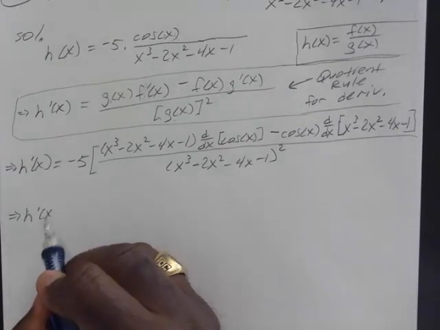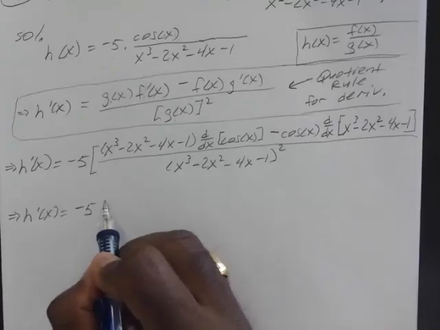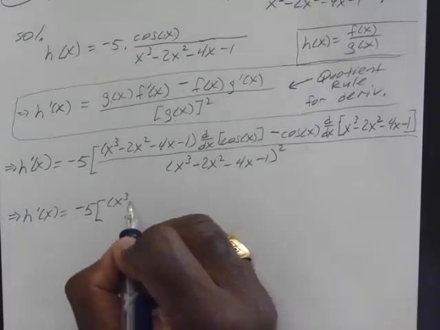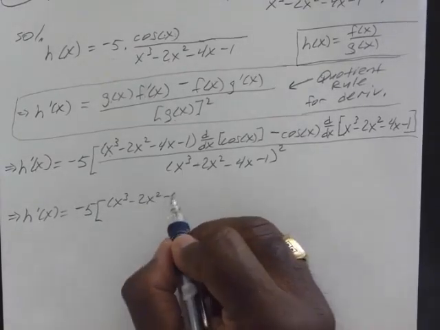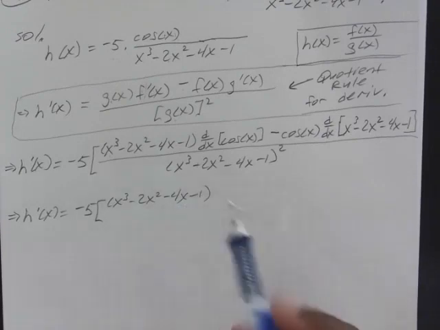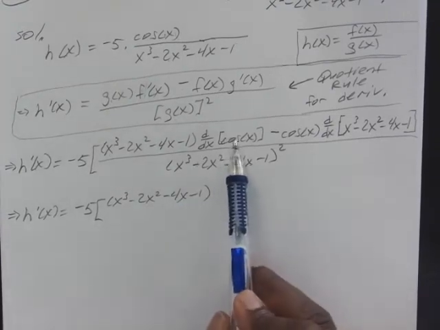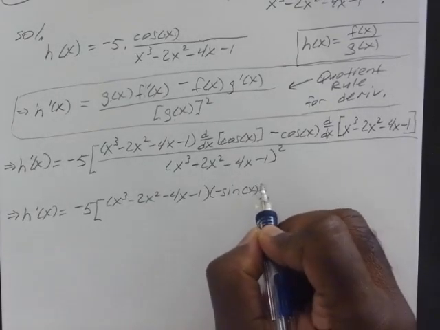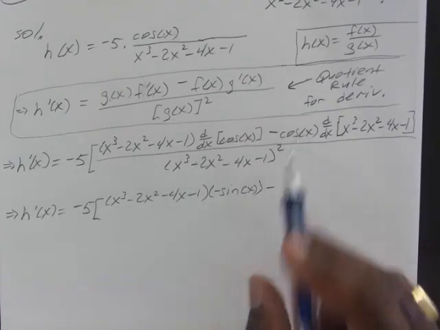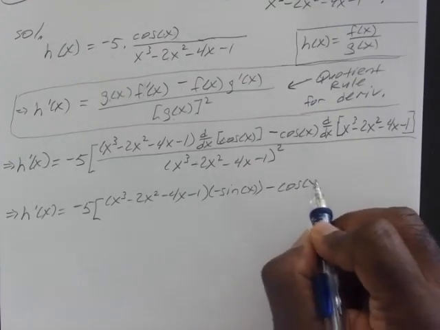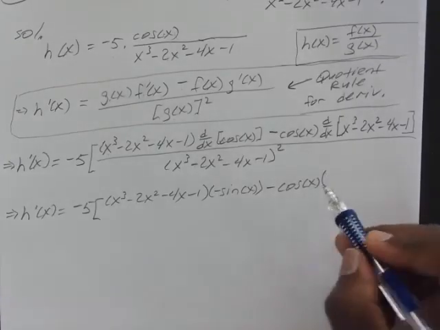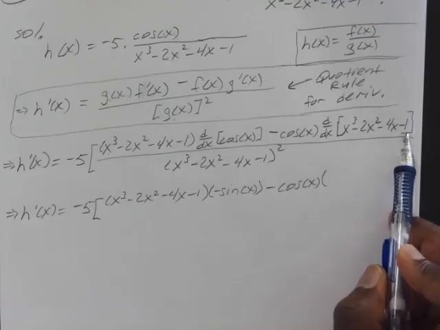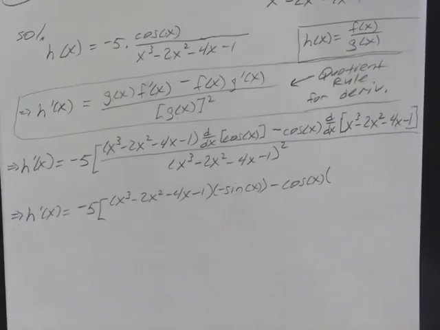Okay, so if we simplify each term, it's -5 times your numerator, x to the third power minus 2x squared minus 4x minus 1, times the derivative of cosine, which is negative sine. So times negative sine of x, minus cosine of x times the derivative of x to the third power minus 2x squared minus 4x minus 1. Okay.